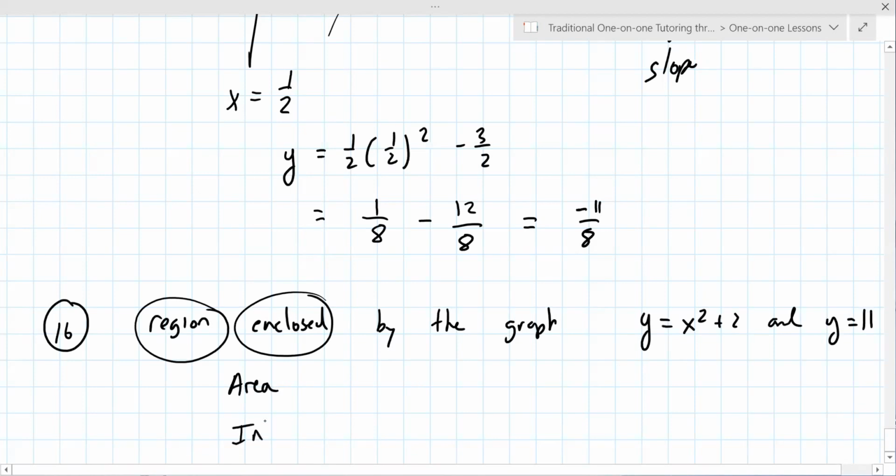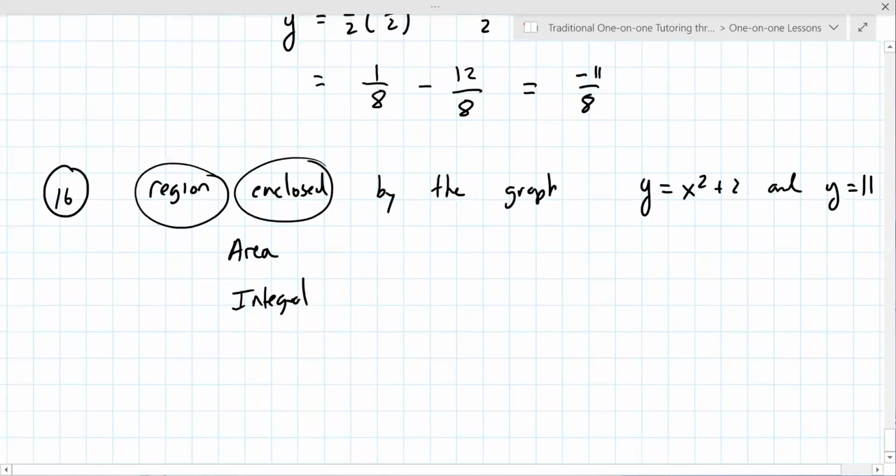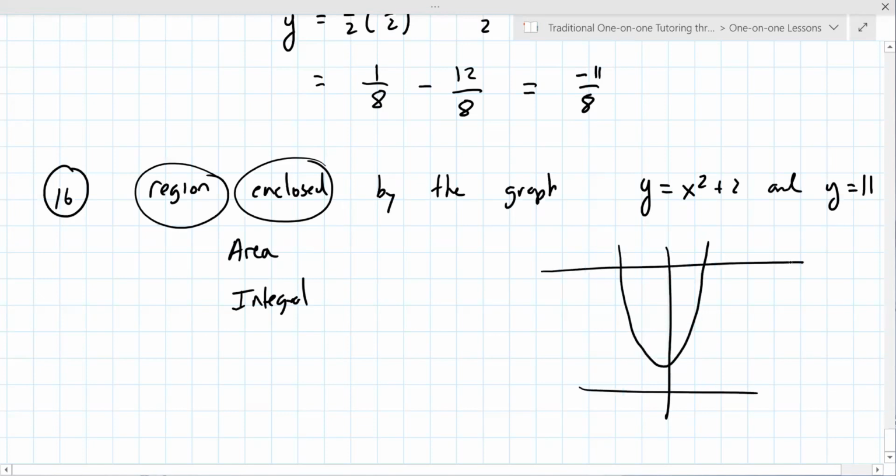Area means integral in calculus. Real quick, a brief sketch: x squared plus 2 is something like this, and y equals 11 is something like this. So we're trying to find this region right here.